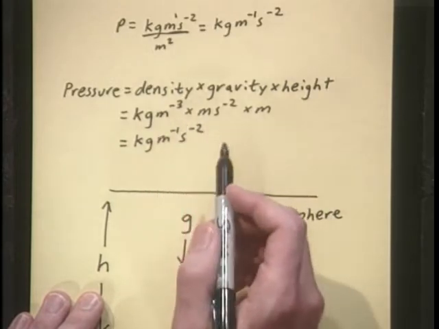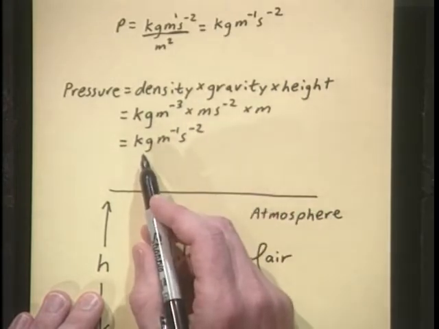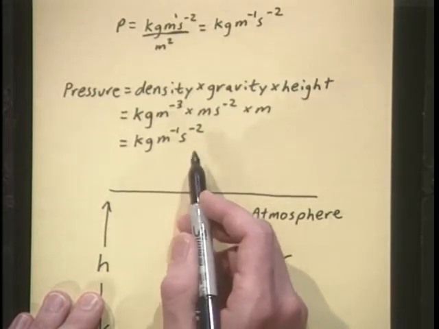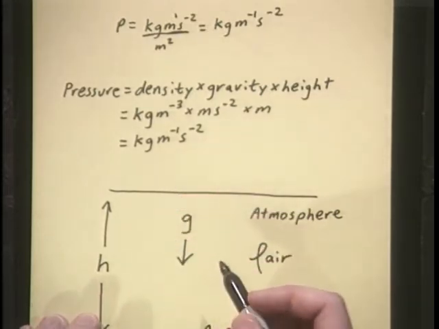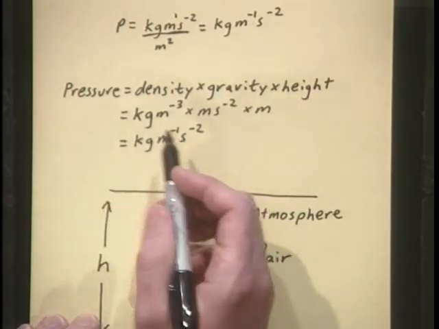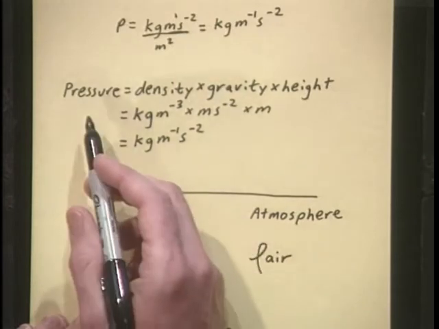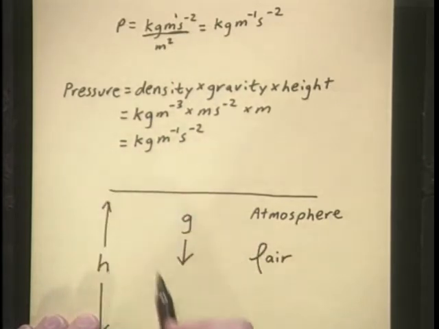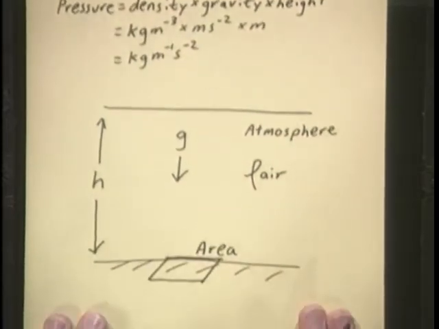And we combine all these together, we get a kilogram meter to the -1 second to the -2. So that's one way of verifying if your equation is accurate, is to make sure that the units on both sides of the equation are the same. We need to come up with pressure units, and we do come up with units of pressure.